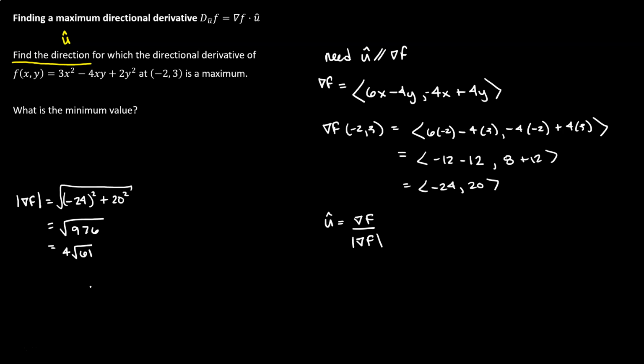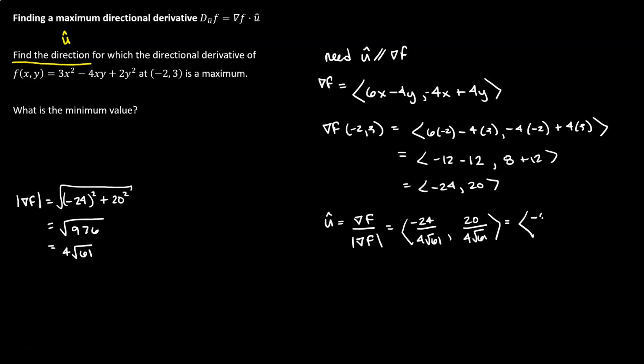So the final answer for that first question is u hat should be equal to negative 24 over 4 root 61 in the x direction, and then positive 20 over 4 root 61 in the y direction. This does simplify, so it would be a shame if we didn't simplify it.